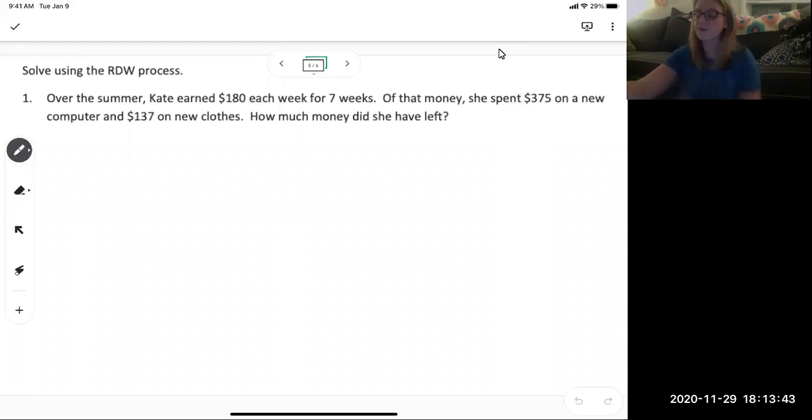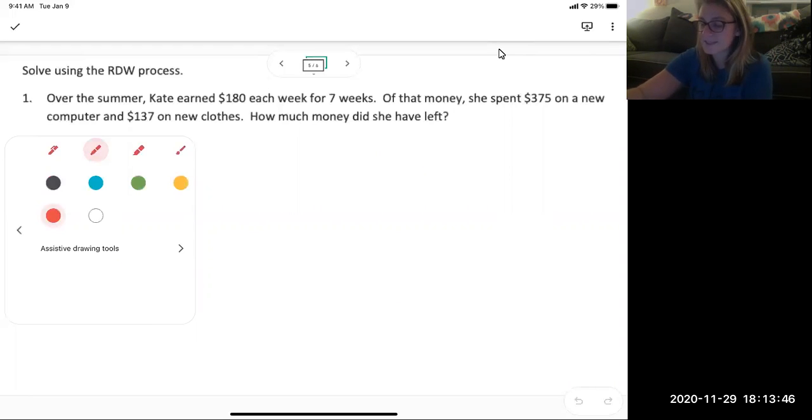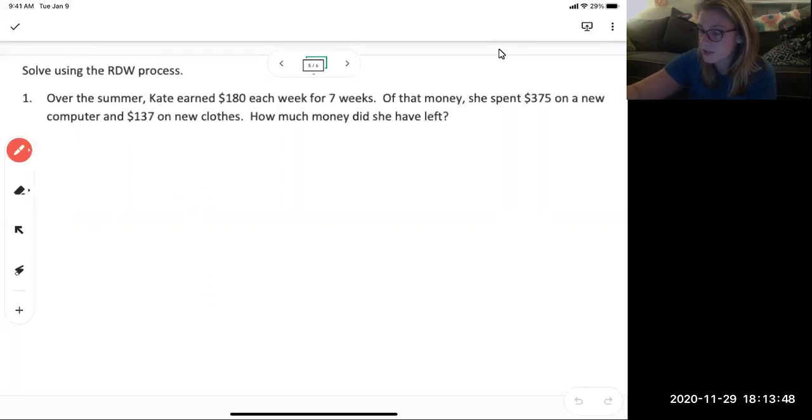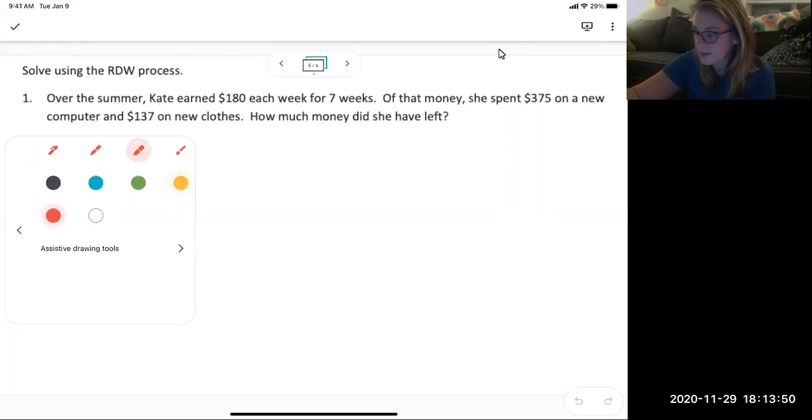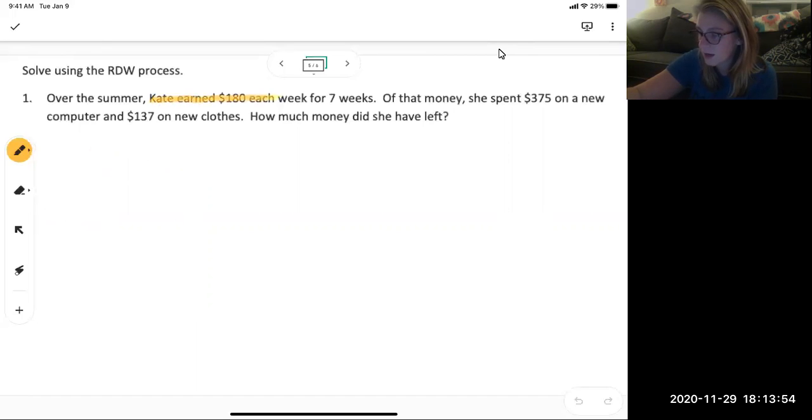So the first piece of this problem states she earned, actually, you know what? Let's highlight this. Katie earned $180 each week for 7 weeks. Okay, so I can draw a tape diagram for this.